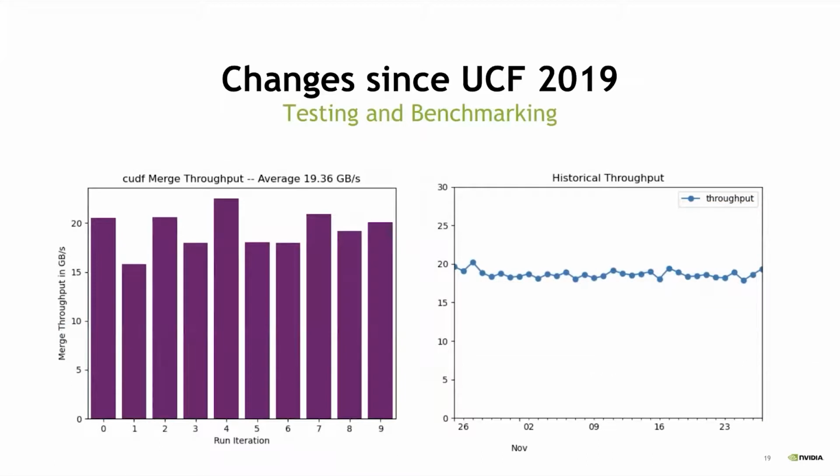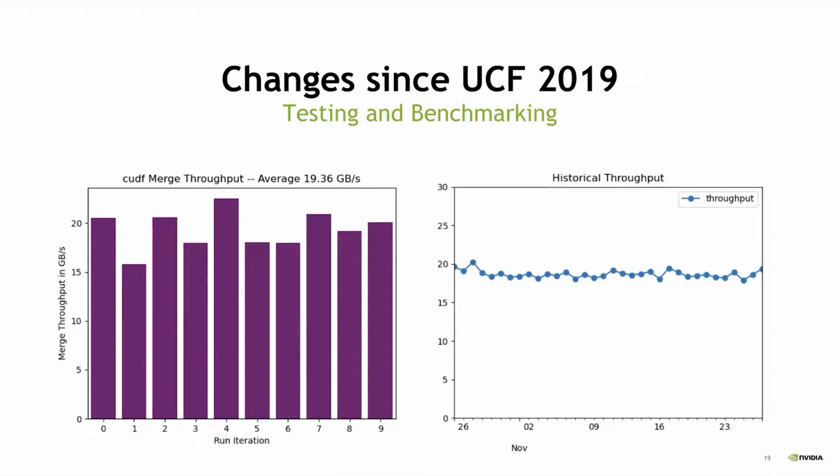Testing and benchmarking, as I mentioned, has been improved quite substantially. So today we have some code that is running on some of our clusters, and this in particular is a cuDF merge throughput measurement.